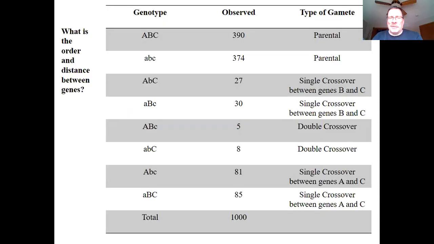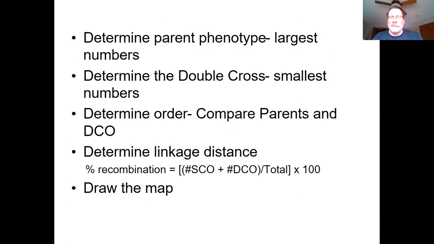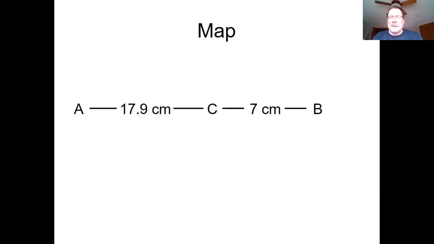C had to be the one in the center, because between the double crossovers, it was the only letter that switched place. So the parents had capital ABC and lowercase abc, and my double crossovers went capital AB with lowercase c and lowercase ab with capital C. That had to be in the middle. And then I could just do the percentage for each.